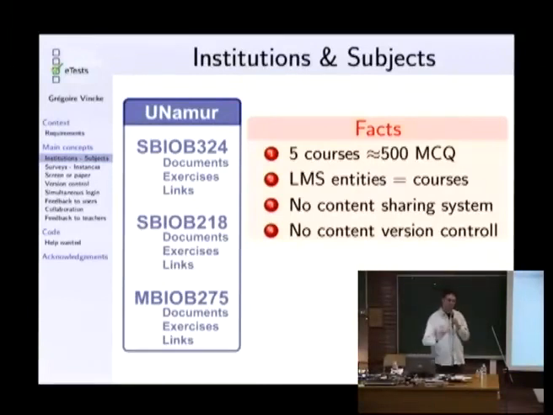But it's quite difficult and sometimes impossible to share the content you built in one course with another course. And we have some teachers who have several courses, for example 5 or 6 courses for the same teacher, and he has to duplicate all these contents in the different course spaces. So it's not very useful, and there was no content version control either.